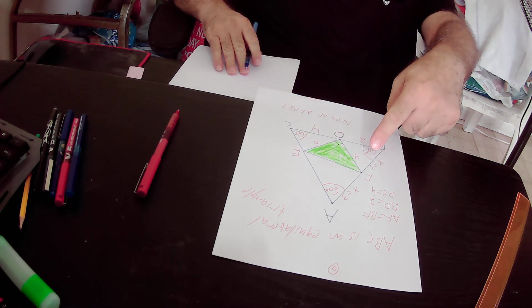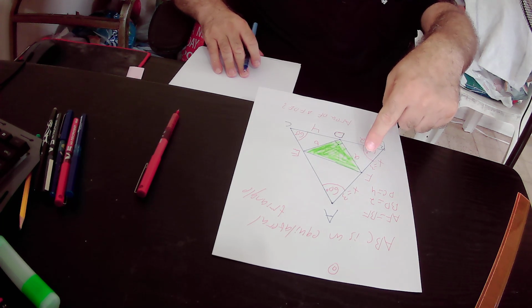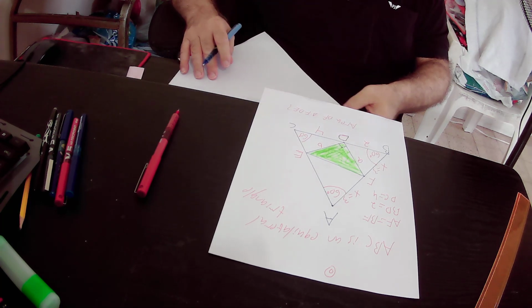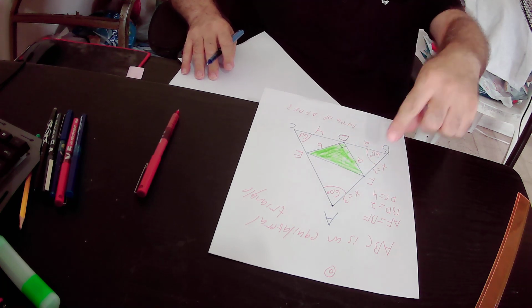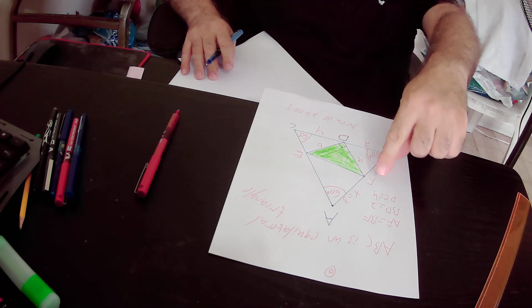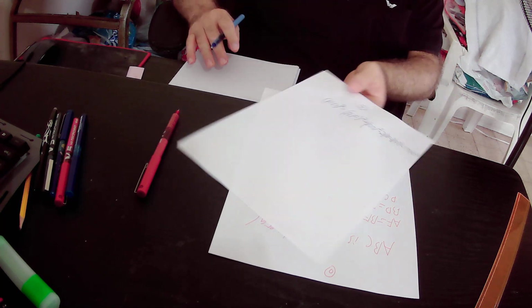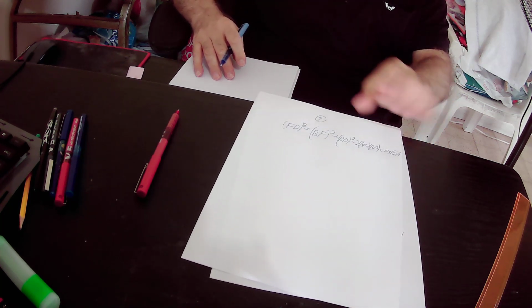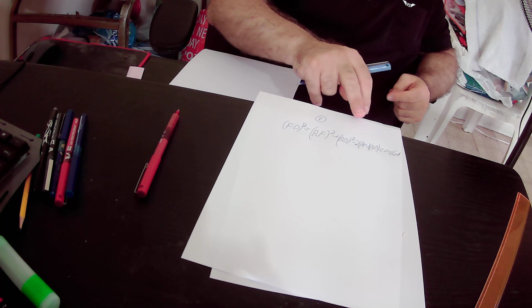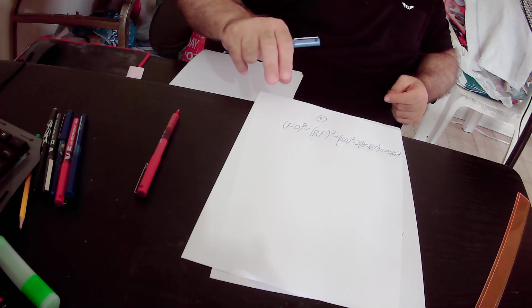So we implemented the law of cosines in the small triangle BFD: FD square equals BF square plus BD square minus 2 times BF times BD times cosine 60 degrees.